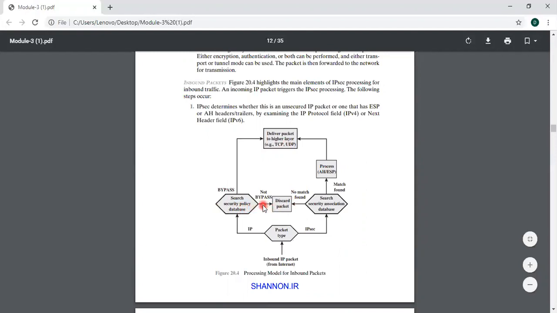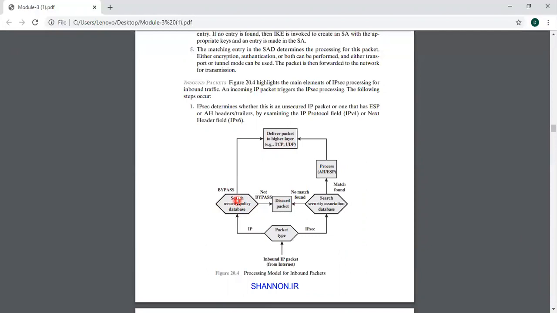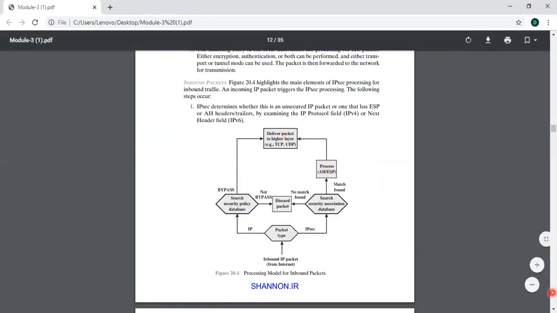If some error occurs, then such packets are discarded. And if a match is found, if the policy is found, then it is transmitted and the packet is delivered. If some security has to be provided, then it searches the security association database. If no match is found, it is discarded. If a match is found, it is processed and that packet is delivered to the higher layer.